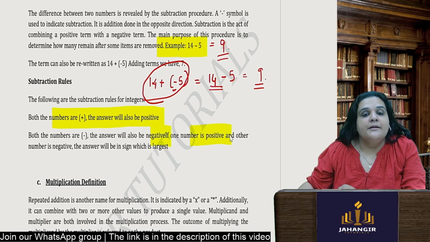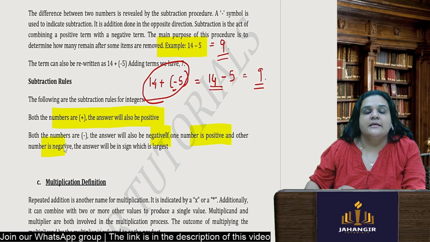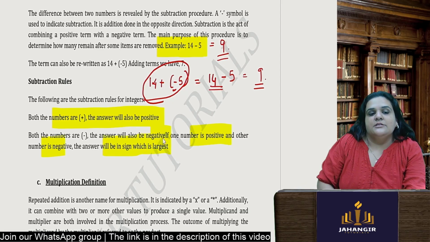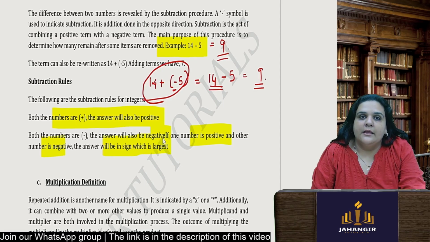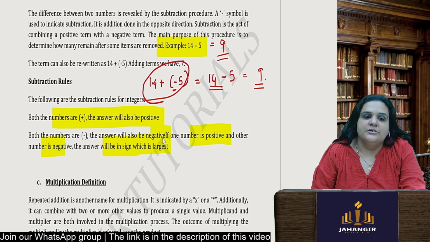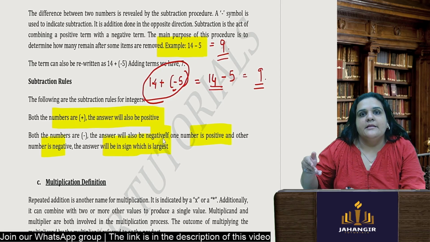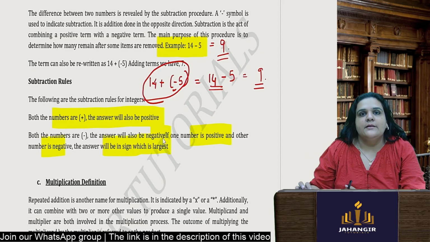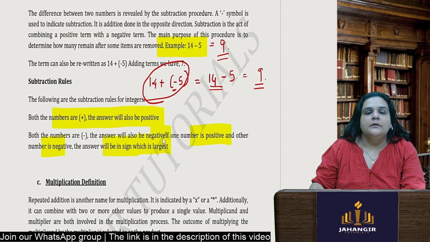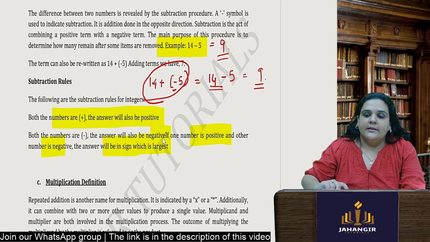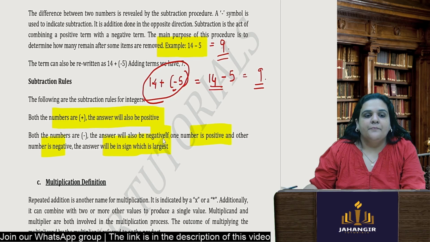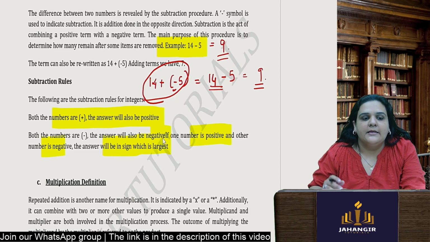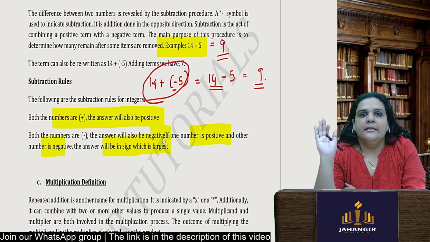And if one number is positive and the other number is negative, the answer will have the sign of the largest number. Minus and minus you will add, and you will get the positive integer. And when there is one negative and one positive, you will always subtract and put the sign of the greater integer.